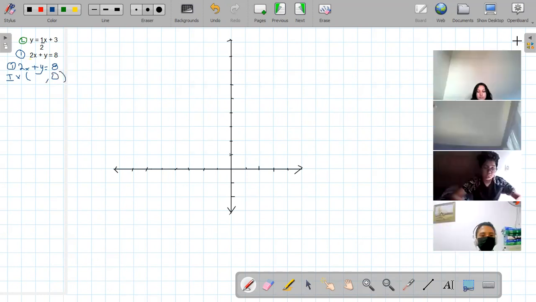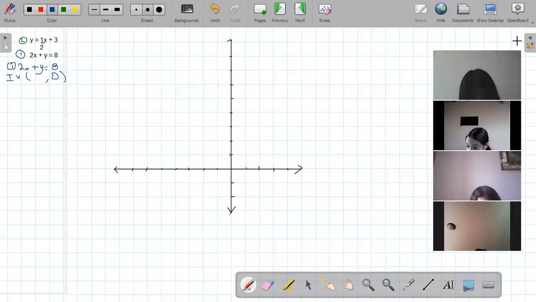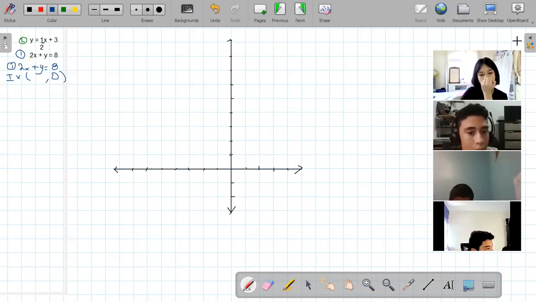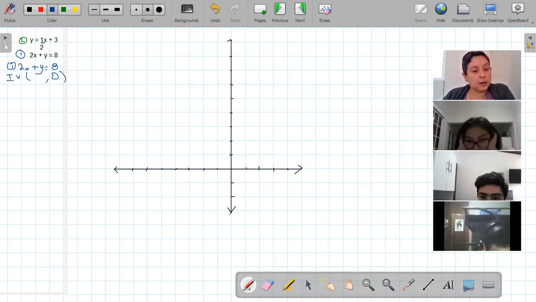Remember that. When y is 0, that's how I find the intercept in x. So we have 2x plus y, so instead of y, 0, is equal to 8. This is 0, so I don't need it. So I actually have only 2x is equal to 8.